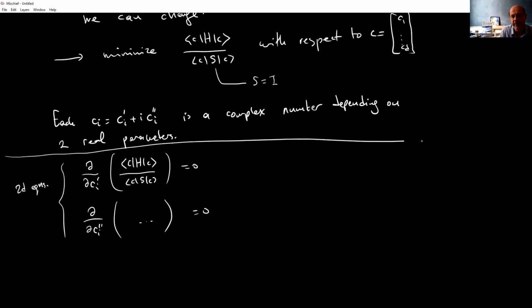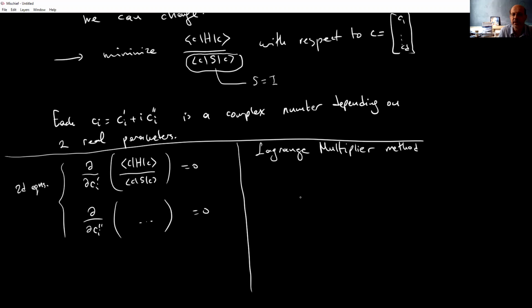The other one is, you can actually set up the problem as a Lagrange multiplier problem, right? Lagrange multiplier method. So the important point in here is that there's kind of a scaling. So you can set this to be equal to 1, for example, which is basically the normalization.